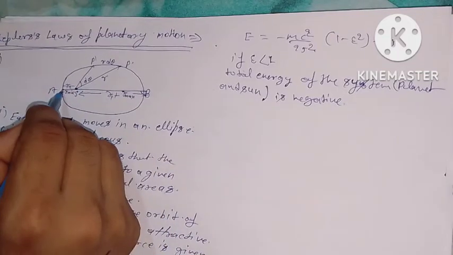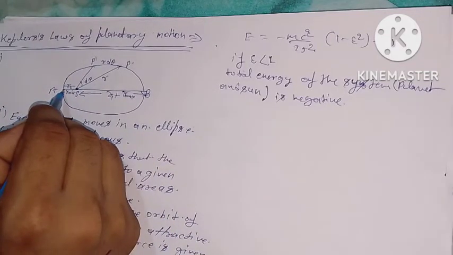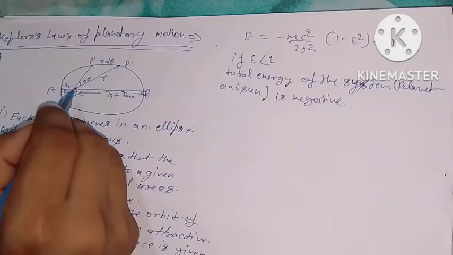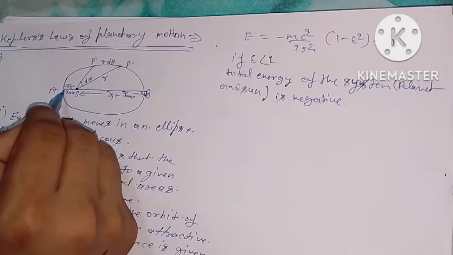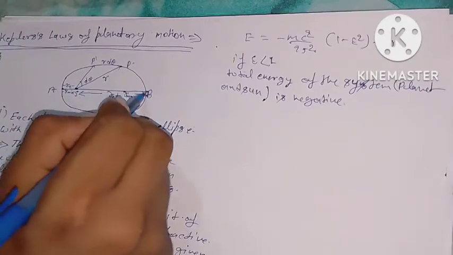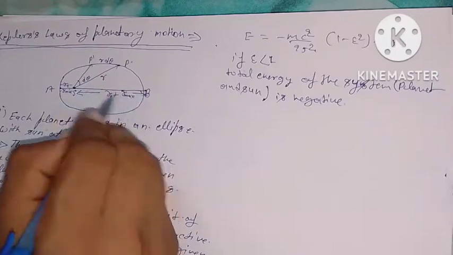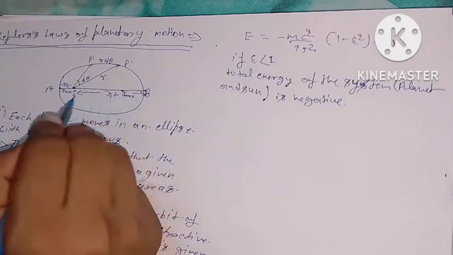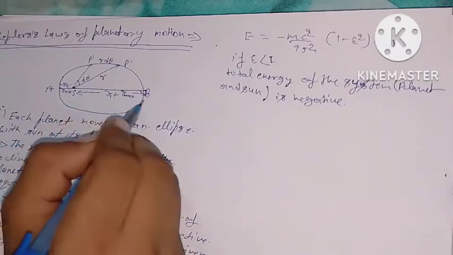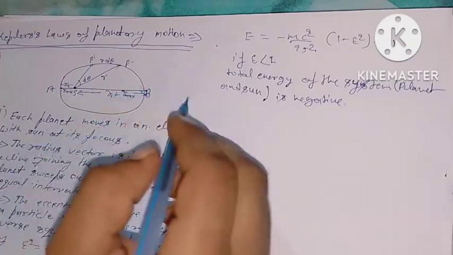The point A, where the planet is closest to the sun, is called perihelion, and the point B, where it is farthest from the sun, is called aphelion.